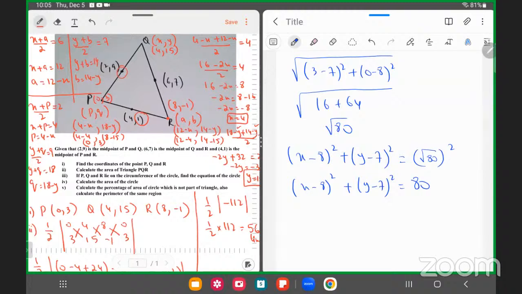Now, I can even expand it. This is the completed square form of the equation of the circle. We can find the general form also. x squared minus 16x plus 64, y squared minus 14y plus 49 is 80.